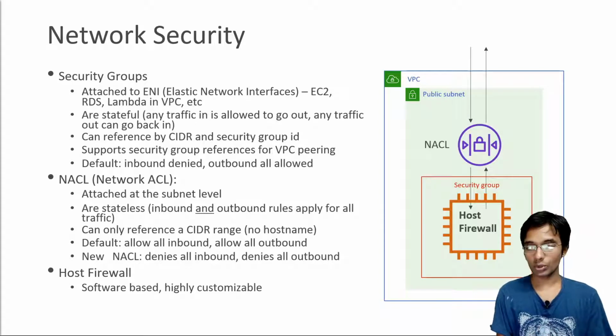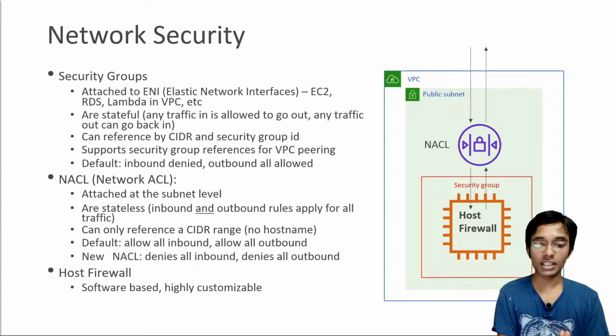You can reference other security groups by group ID, or you can have rules by CIDR, so CIDR block IPv4 or IPv6, and it supports security group references using VPC peering. So it's possible to reference a security group that exists in another VPC with VPC peering, even in another account.